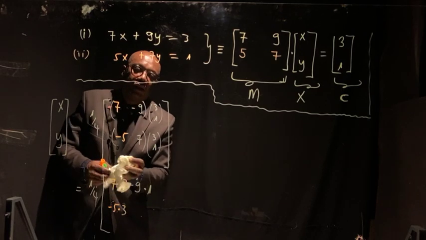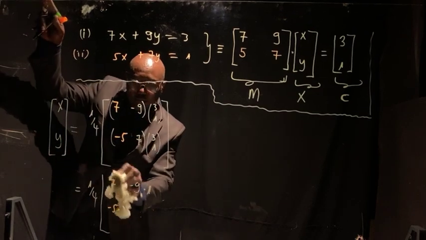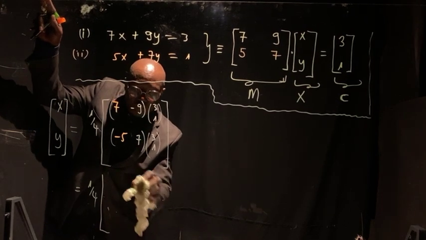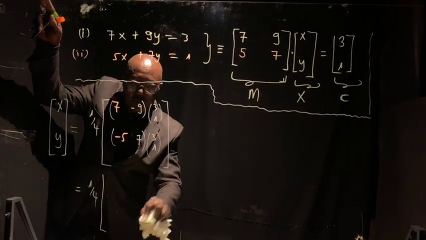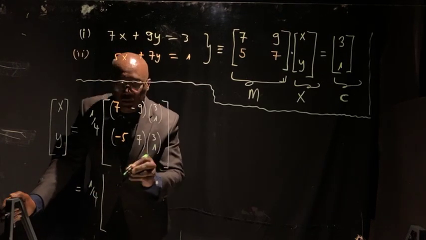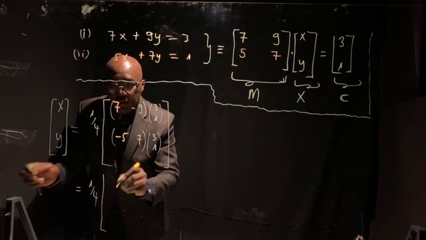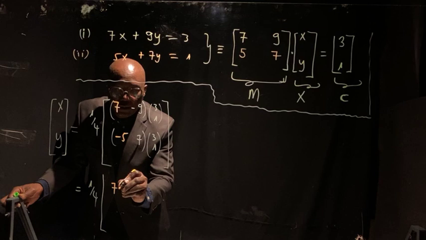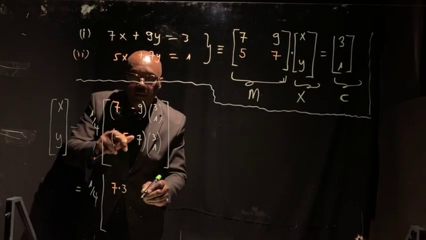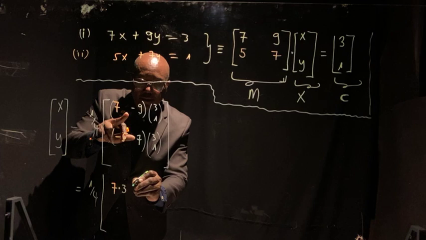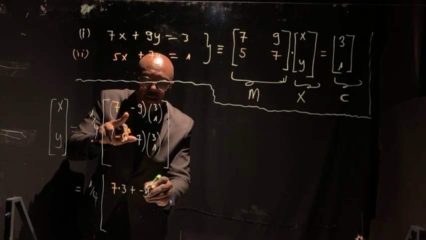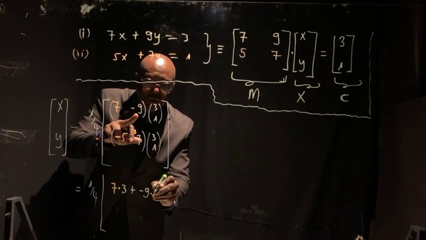It has to be neat. It has to be in order. You know, this should be an excellent work. 7 multiplied to 3, plus minus 9 multiplied to 1.